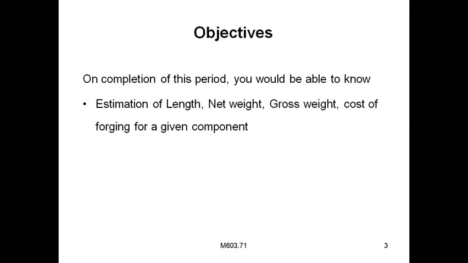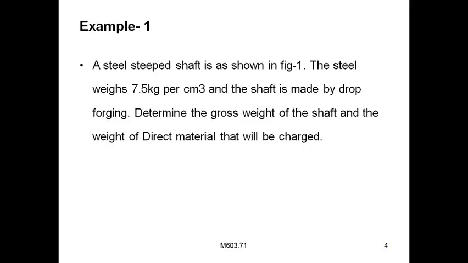It is also expensive. You need to spare some amount for purchasing coal, and you need to engage some people to carry out the forging operations. So by considering those, we will calculate the net weight, gross weight, and the forging cost.